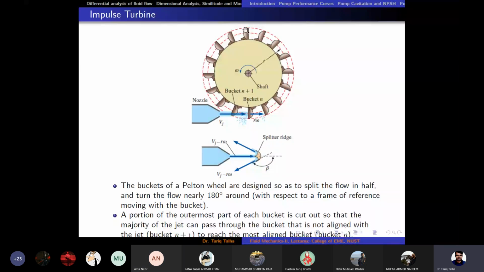So that's why we are taking a mean radius. We are not taking R1 and R2. We are just assuming that the radius of this wheel is quite large compared to the height of the bucket. Right? Any question?